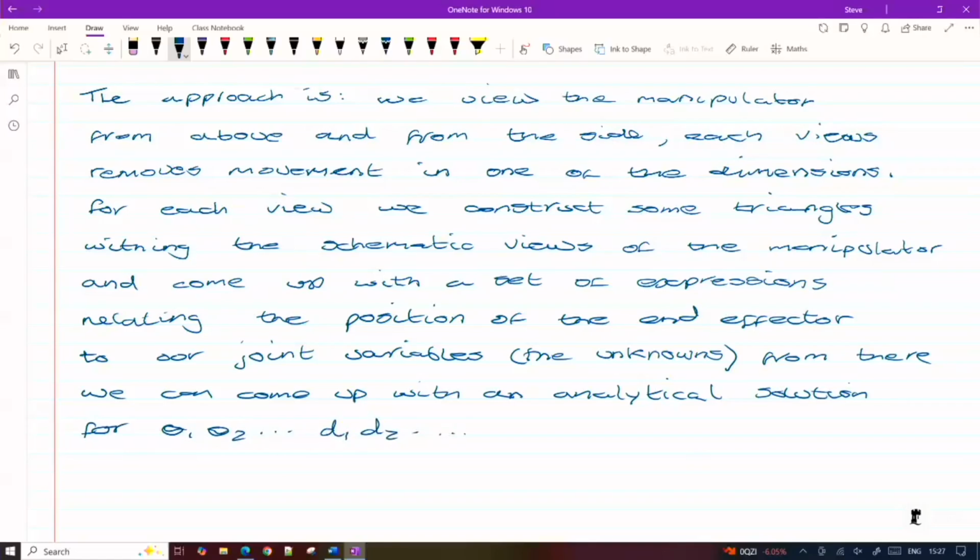So we can come up with expressions that we can easily solve for our joint variables for a given end effector point in space that we're trying to reach.